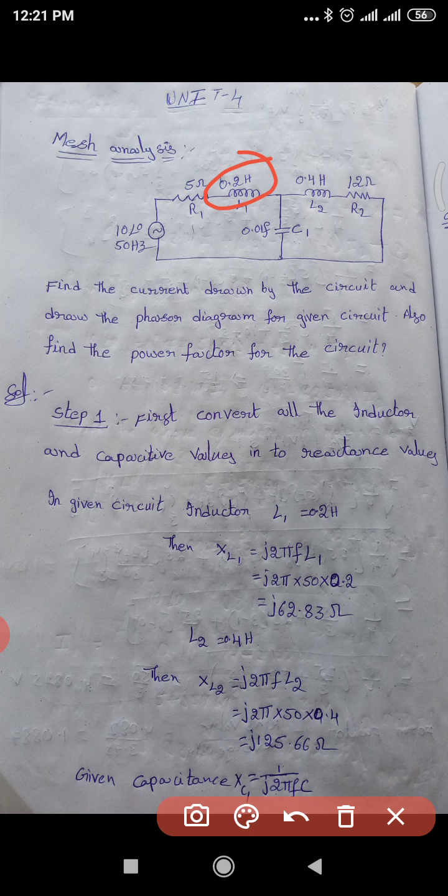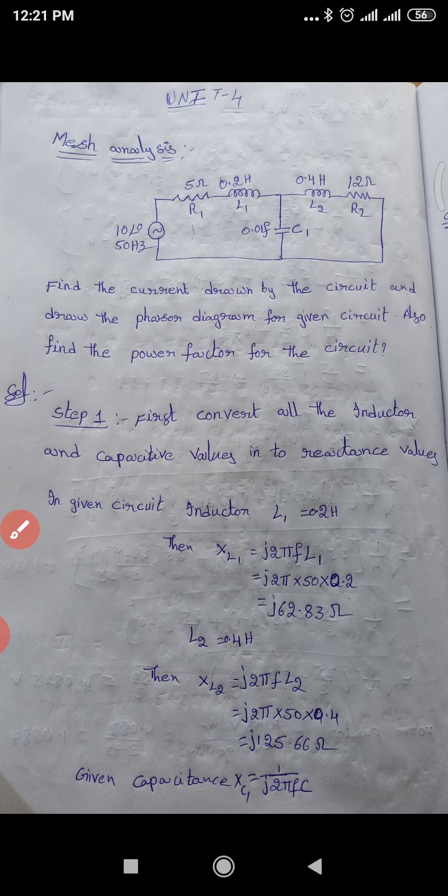If they mention a reactance value, then there is no need to find XL and XC values, because they are given directly. But if they give the inductance in henrys or the capacitance, then we have to compulsorily find the XL and XC values. After calculating these XL and XC values only, we go to step 2.